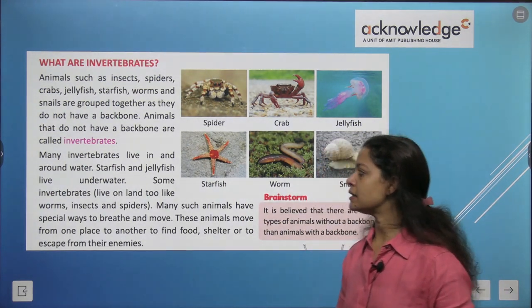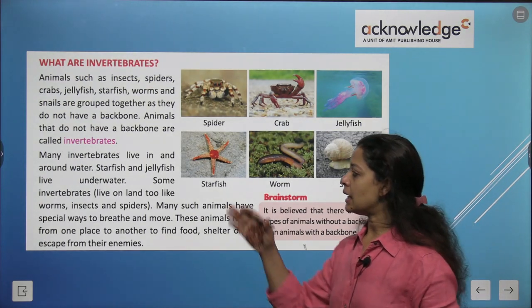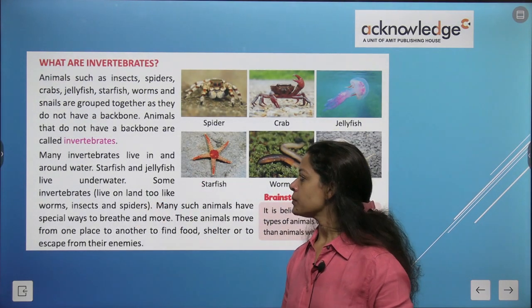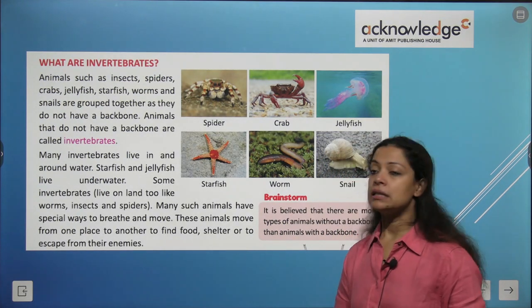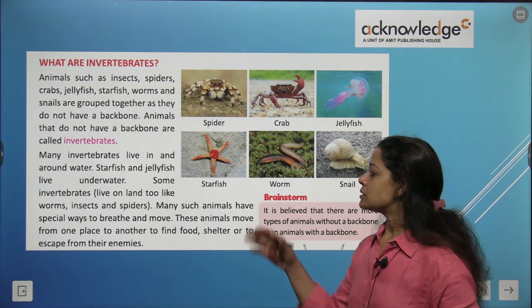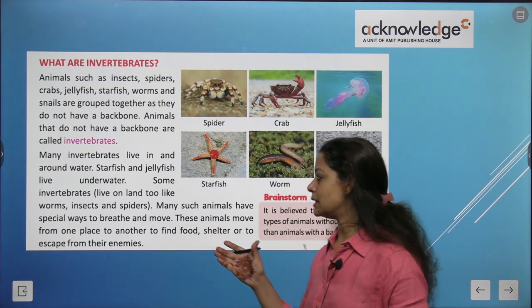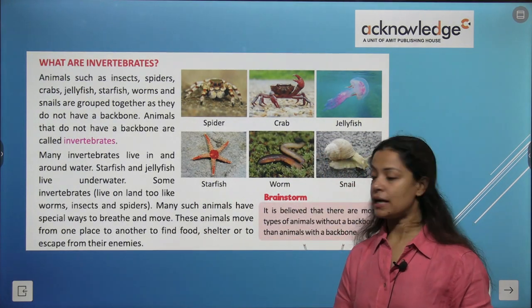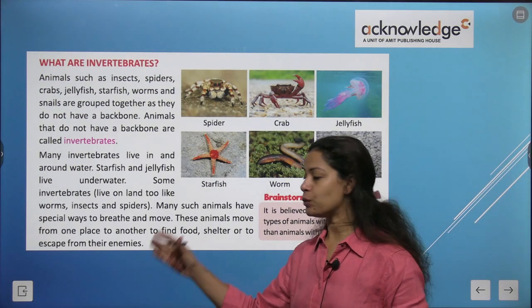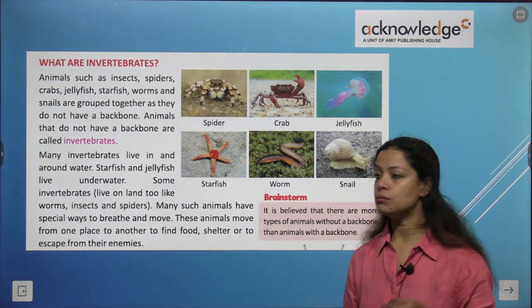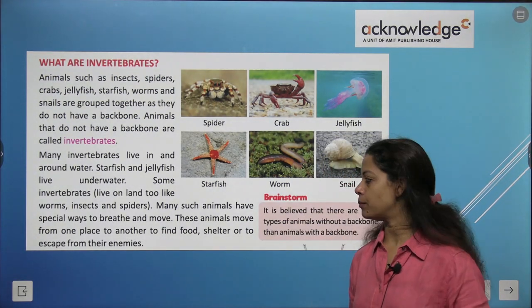Now many invertebrates live in and around water, starfish and jellyfish, they live underwater. Some invertebrates live on land like worms, insects, snails, spiders. Many such animals have special ways to breathe and move their body parts.